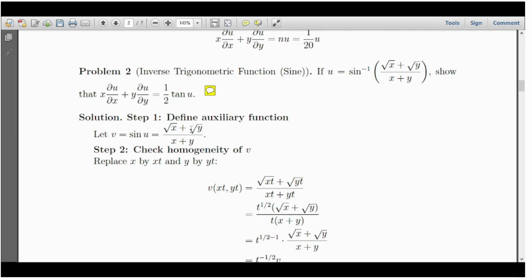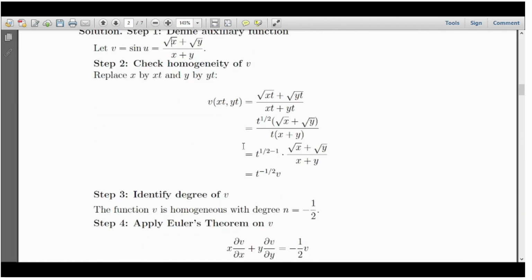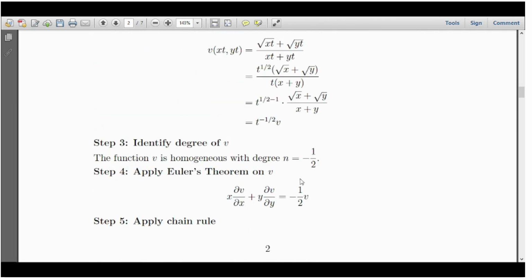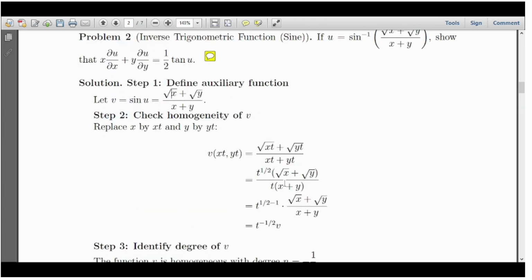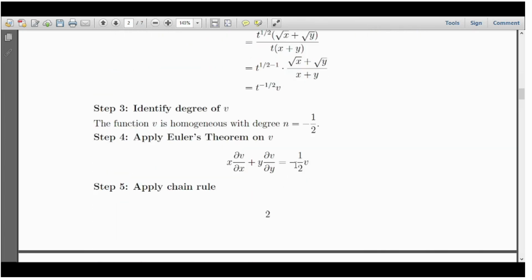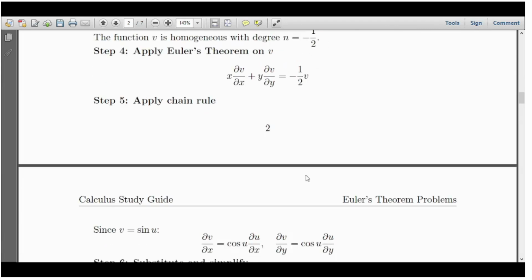So degree of f by g is degree of f minus degree of g, which is 1/2 minus 1, which is minus 1/2. n equal to minus 1/2. So by Euler's theorem, we have x ∂v/∂x plus y ∂v/∂y equal to minus 1/2 v, right?